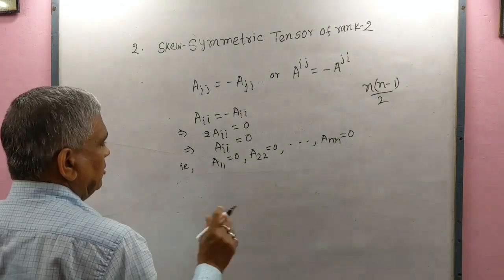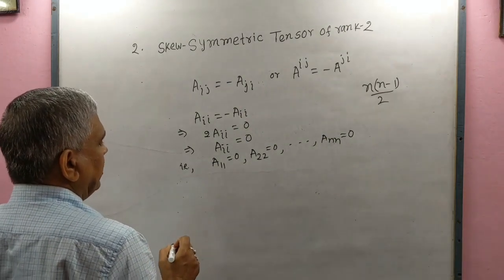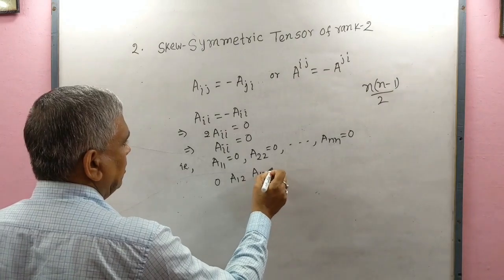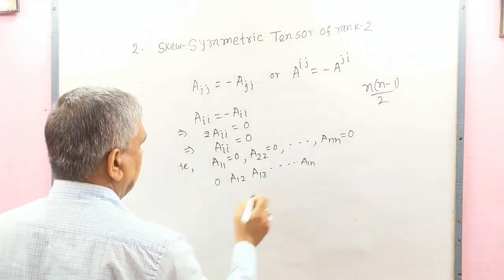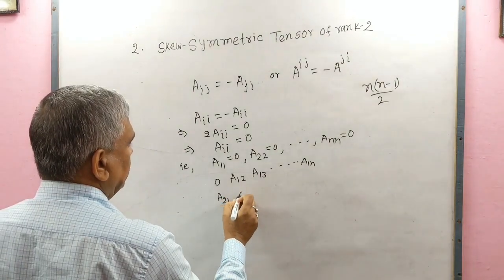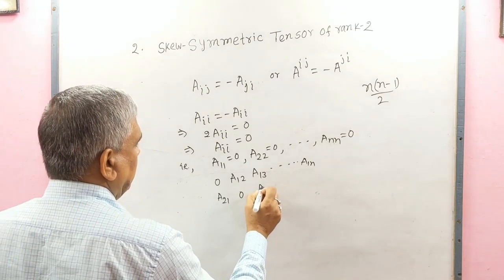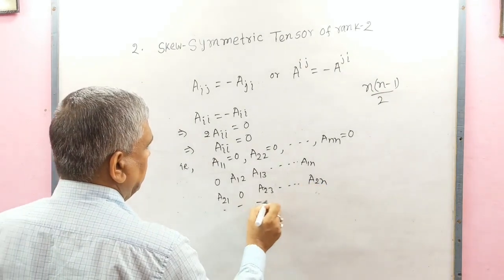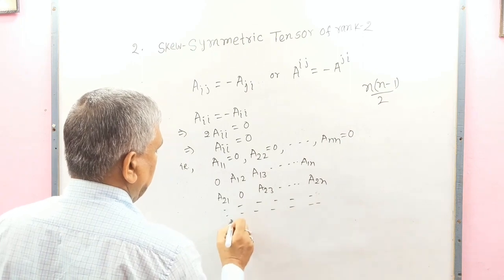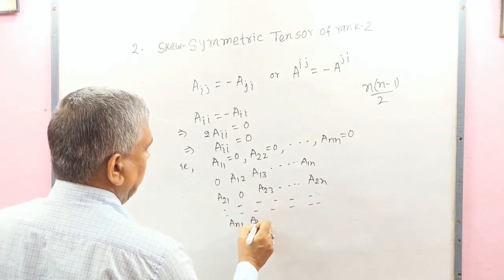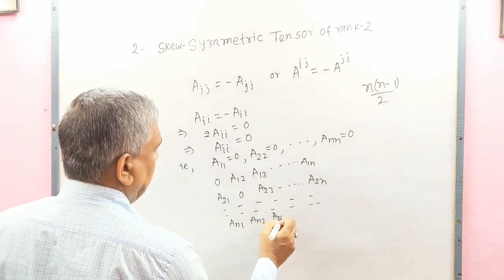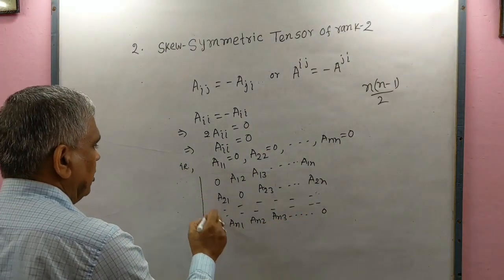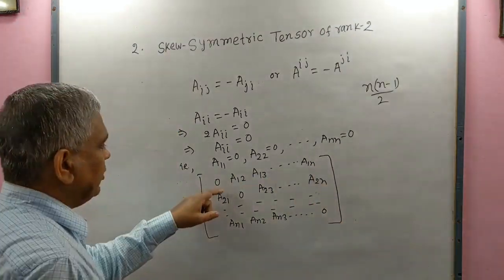If we arrange all the components in matrix form, we get 0, A12, A13, A1n; A21, 0, A23, A2n; and so on up to An1, An2, An3, 0. Here all diagonal components are 0.